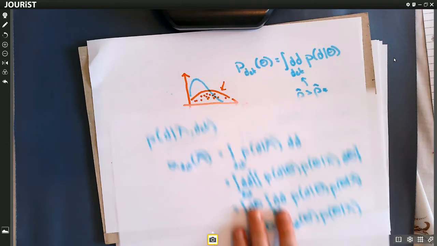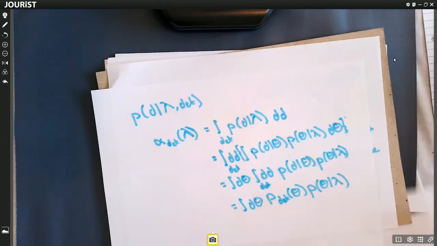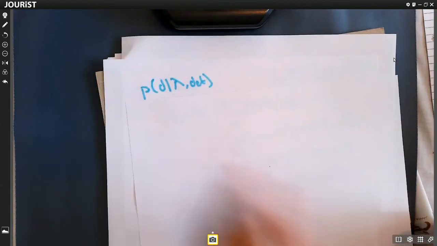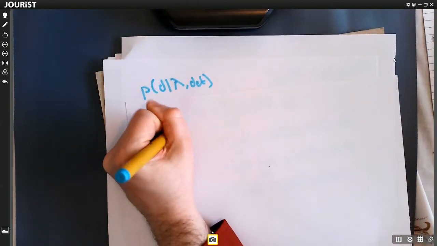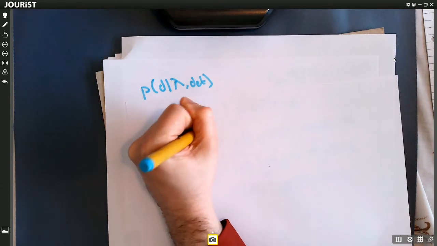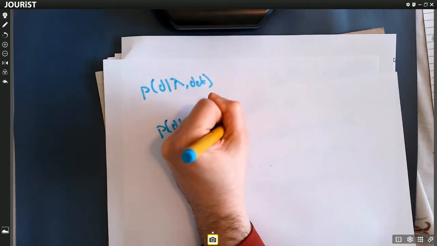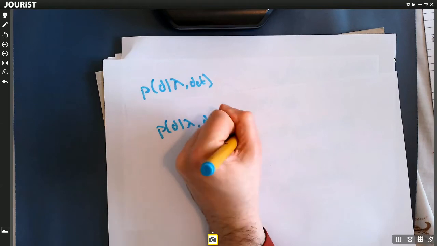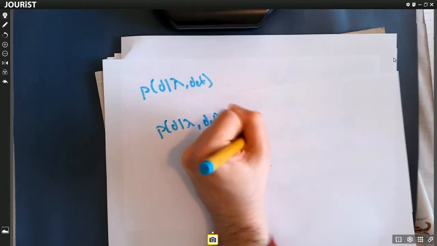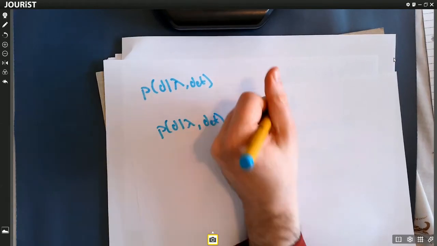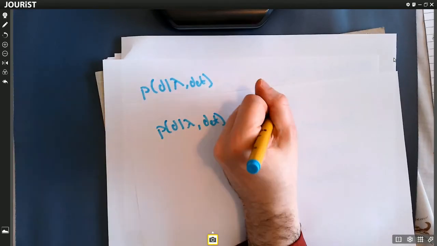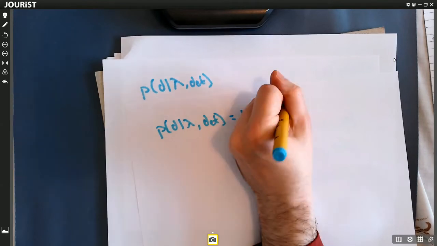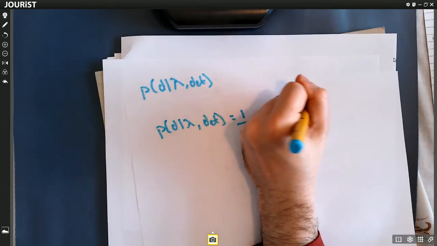Okay, the form of p of d that we want, given we're only considering the detections we have, is going to be 1 over alpha det of lambda, times our usual p d given lambda.